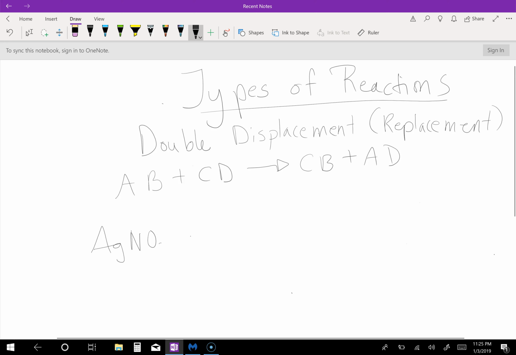An example of this would be silver nitrate and sodium chloride. The result of that reaction is silver chloride and sodium nitrate.